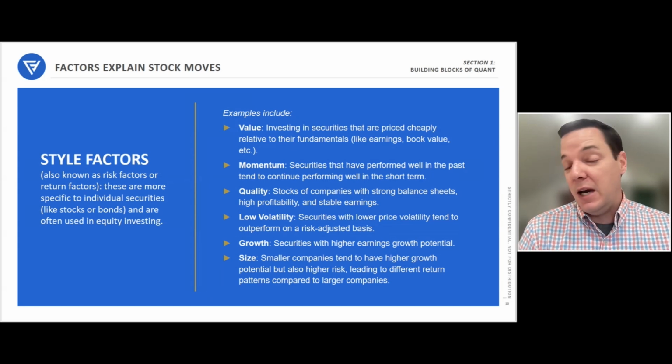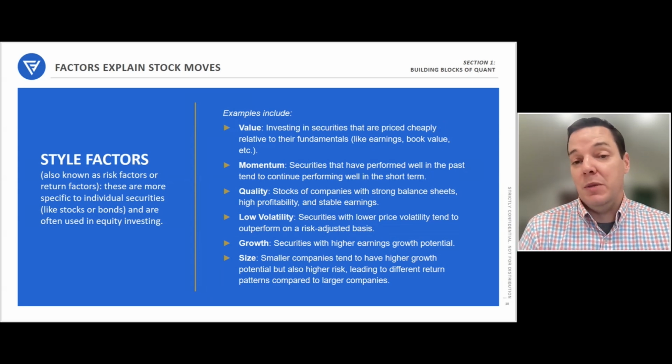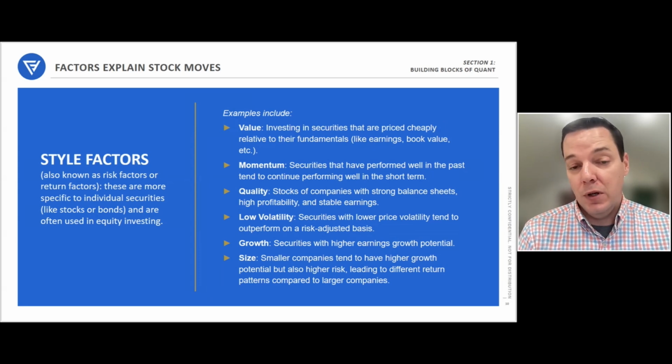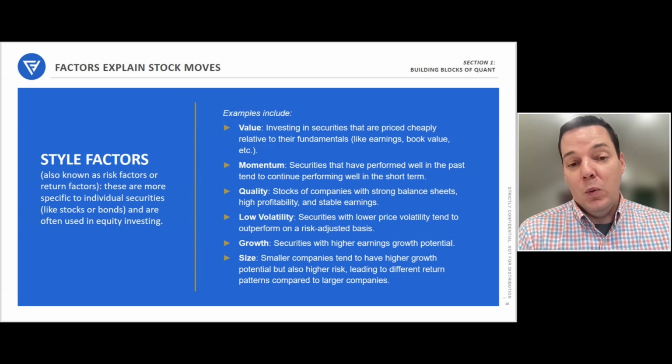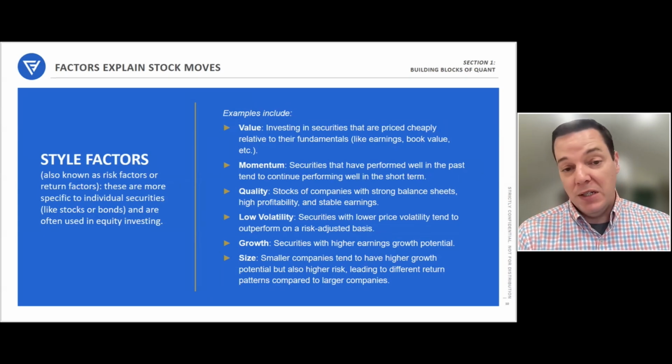Having high profitability, however you measure that, whether it's return on equity, return on assets, return on invested capital, or something like free cash flow margins or gross cash flow margins, are positive attributes within a modeling framework when it comes to the health of the company's business.